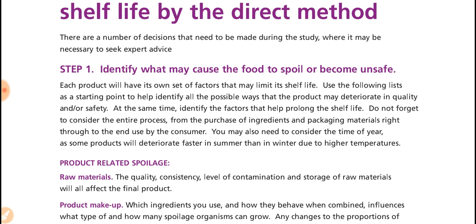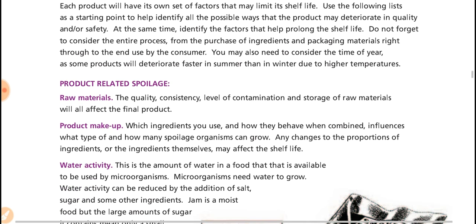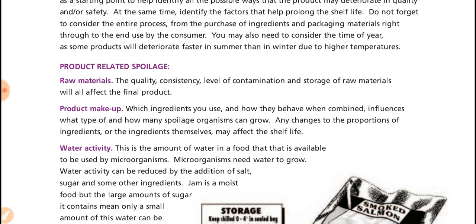Then identify what may cause the food to spoil or become unsafe. What are the different reasons that your food may be unsafe or spoiled? It may be due to raw material, the quality of the raw material, consistency, level of contamination, and storage of raw materials, which also affect the product. Then product makeup, which ingredients you use and how they behave when combined.